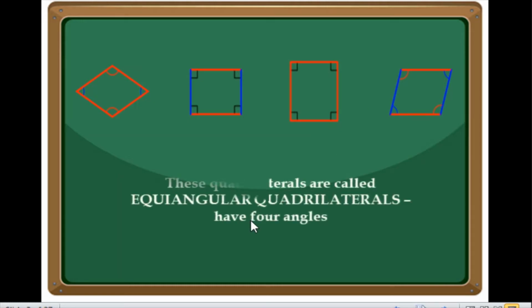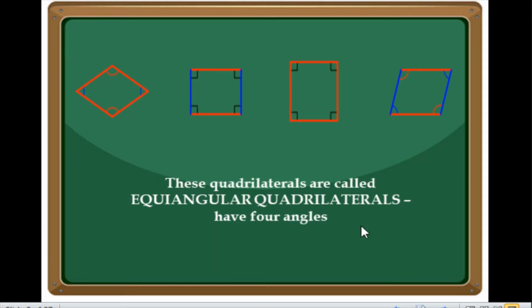Let's read. These quadrilaterals are called equiangular quadrilaterals for they have 4 angles. These 4 figures on the screen are called equiangular quadrilaterals. Why?